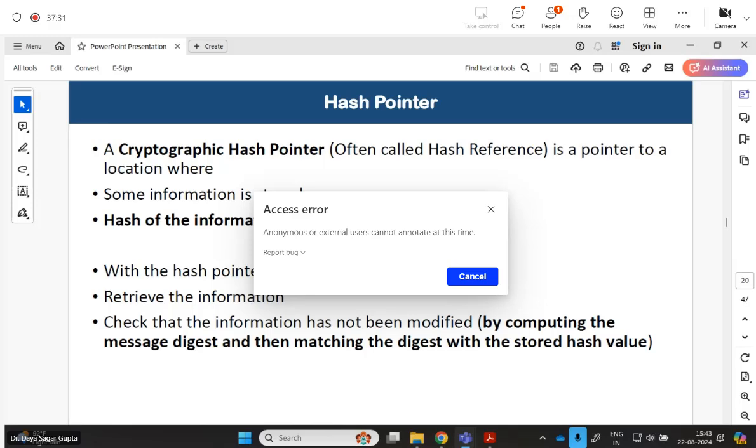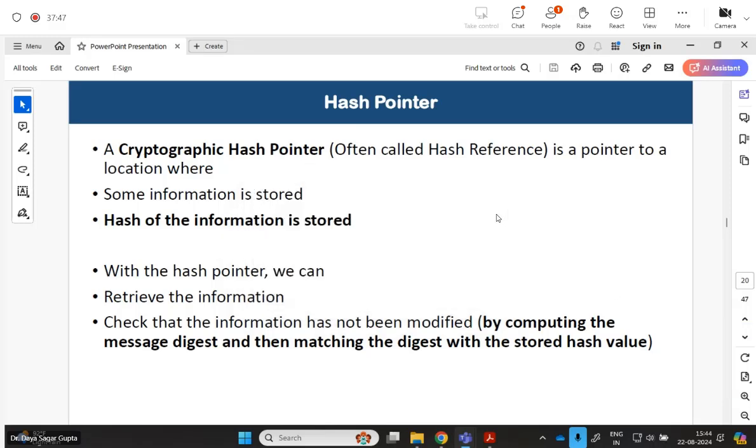So here the pointers are nothing but memory locations, memory references. Now in this case, this hash pointer does not look like the memory references.